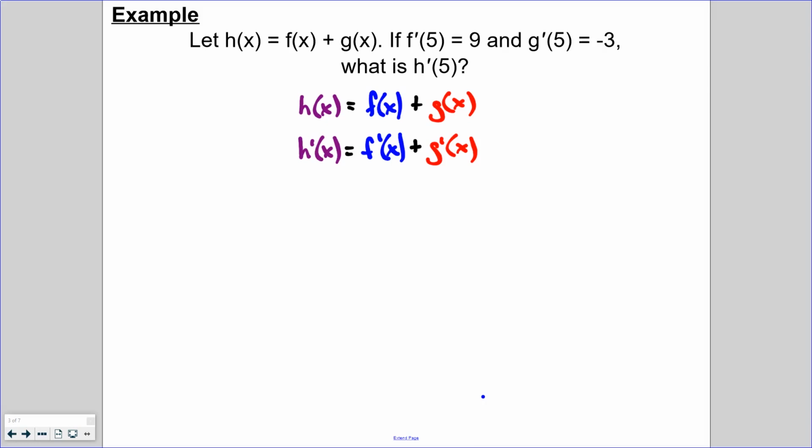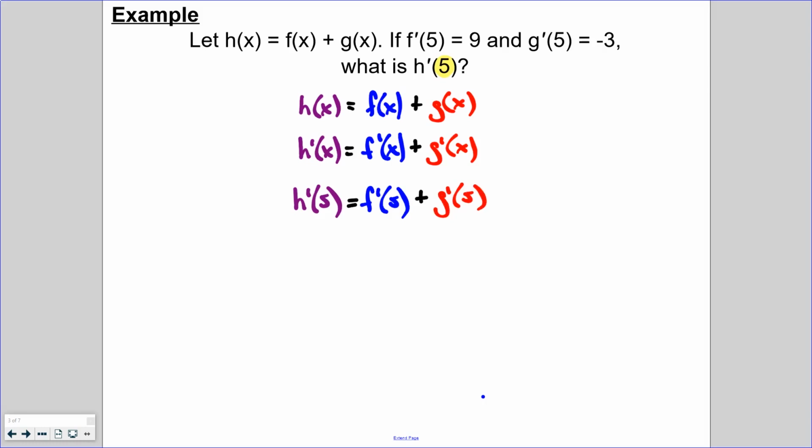However, we're now looking for the derivative at x equals 5, not the general derivative. So we can substitute in 5. So h prime of 5 is going to be equal to f prime of 5 plus g prime of 5.